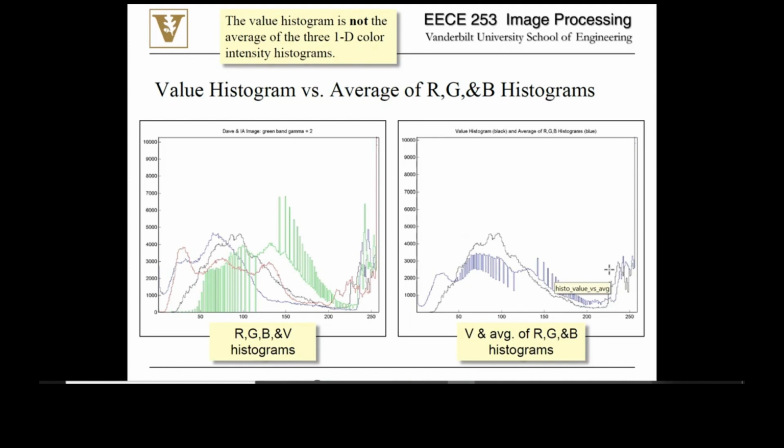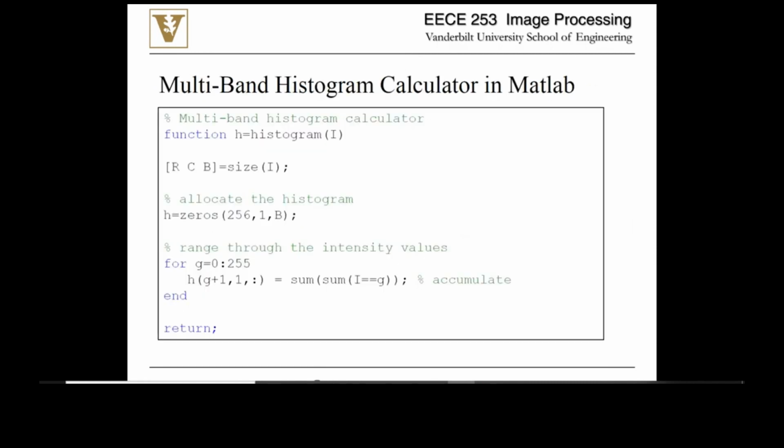If you take the RGB histograms and compute the average, you get the blue curve here. Because this green channel has holes, it doesn't have any pixel with a value of 100, for instance, you have all these ups and downs in the average.